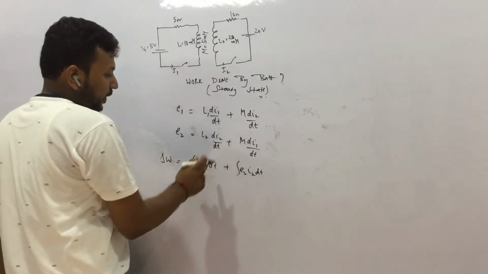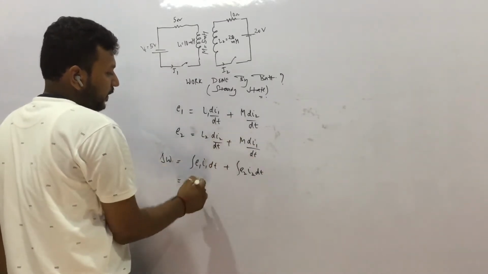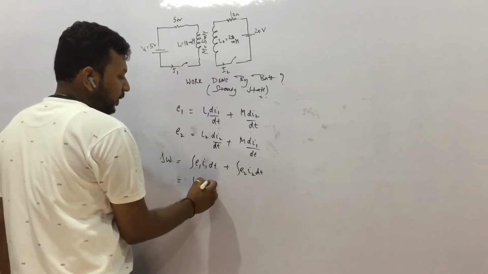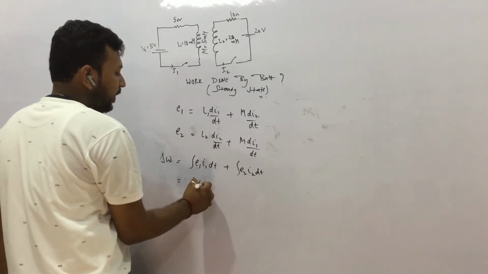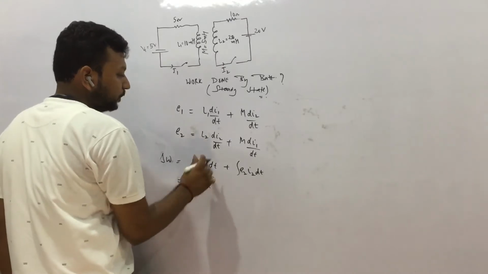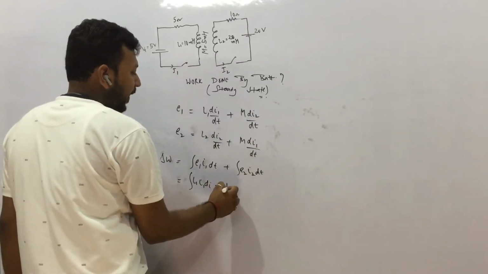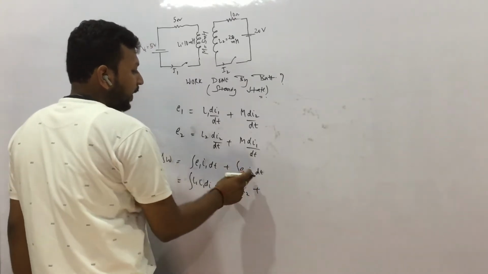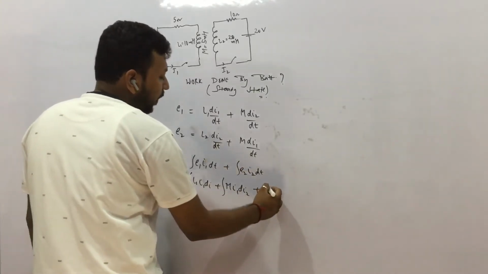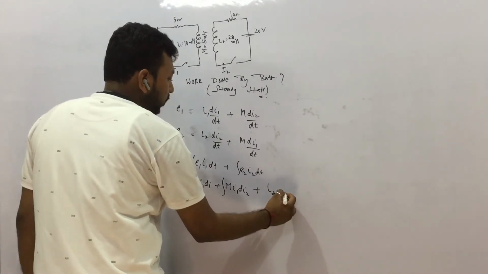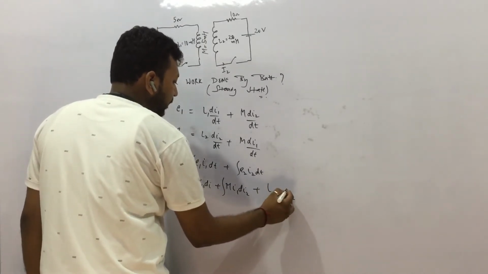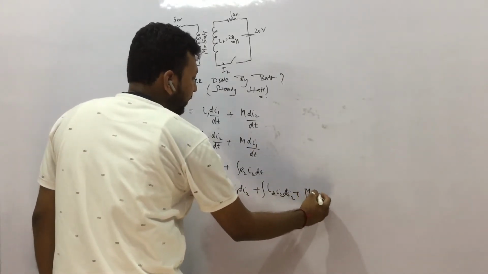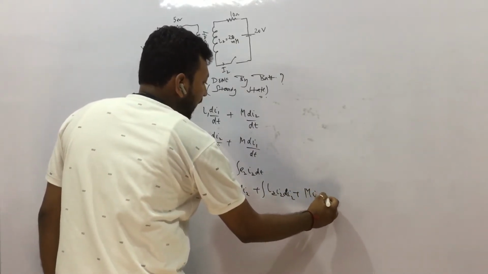Putting the values, dt gets cancelled. So what can we write? L1 di1 into I1, so basically L1 I1 di1, and here we have M I1 di2. Again from this side we have L2 I2 di2, plus from this side M I2 di1.